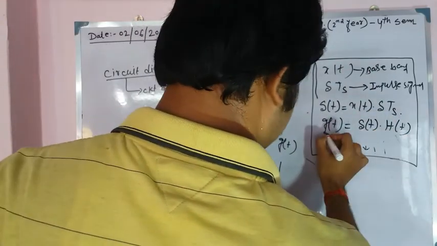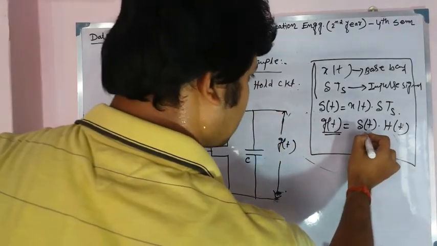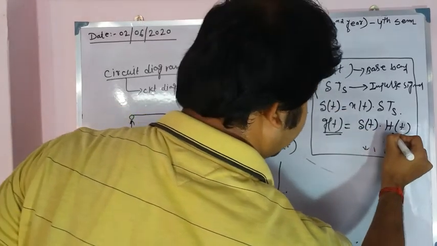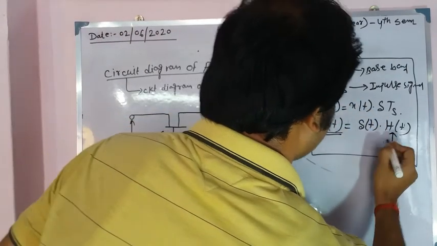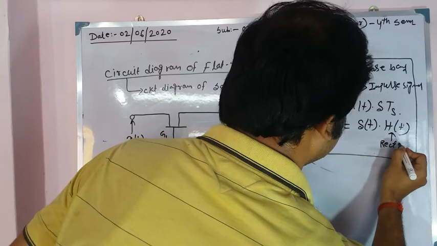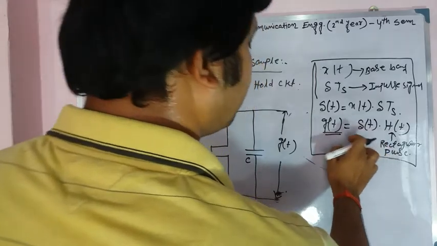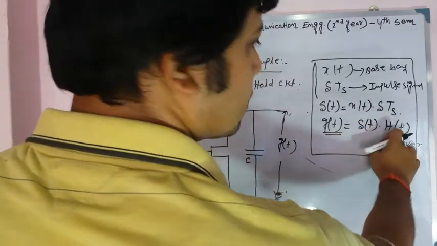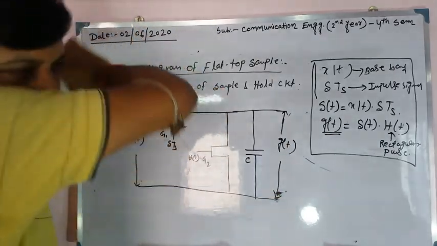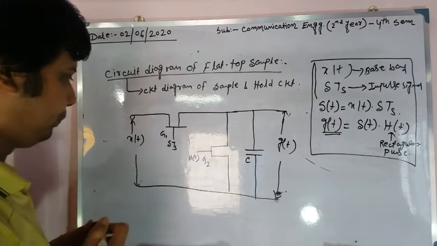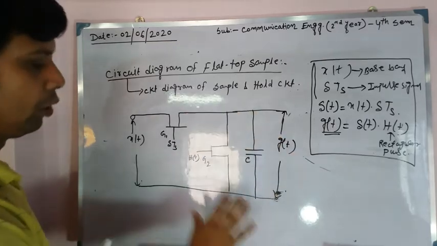Next g(t), the output of the sample and hold circuit, is the multiplication of s(t) and h(t), the rectangular pulse. If we multiply s(t) and the rectangular pulse h(t), we generate g(t), which is the flat top sampling pulse.